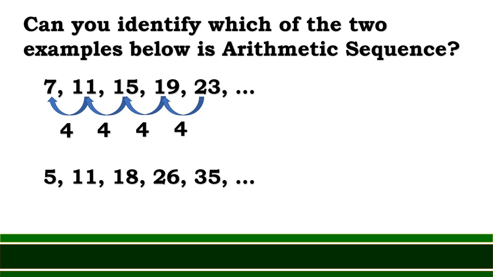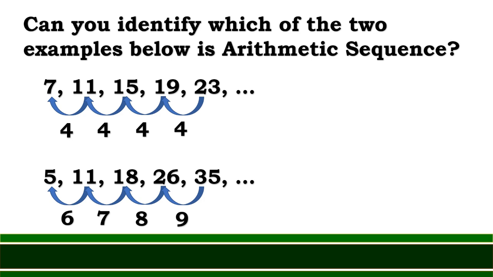How about the other sequence? 11 minus 5 is 6. 18 minus 11 will give you 7. 26 minus 18 will give you 8. 35 minus 26 will give you 9.